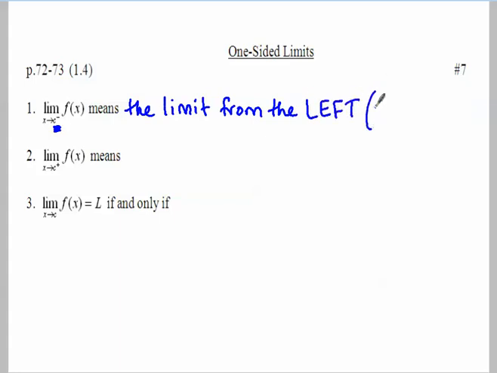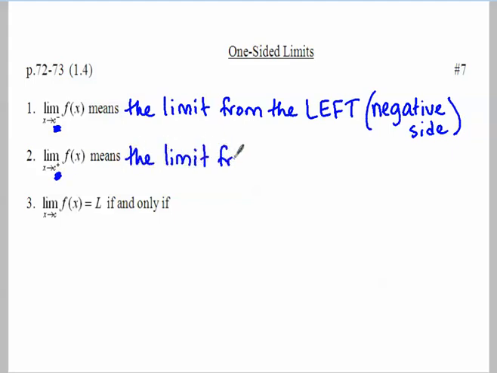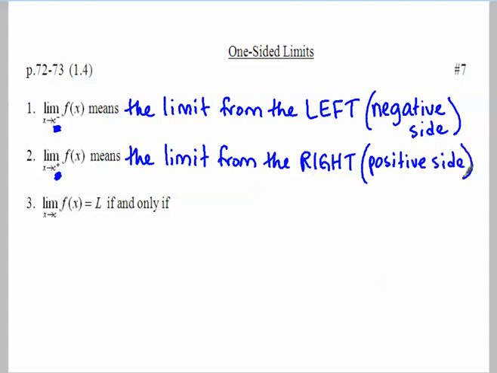And the reason for the negative in that notation is that it comes from the negative side, versus this one with the little plus sign, which means the limit from the right, or coming from the positive side if we're thinking about the x-axis.